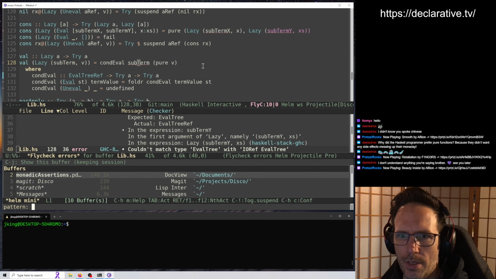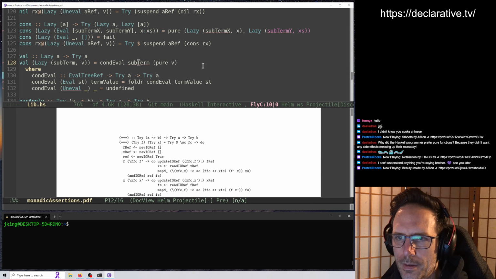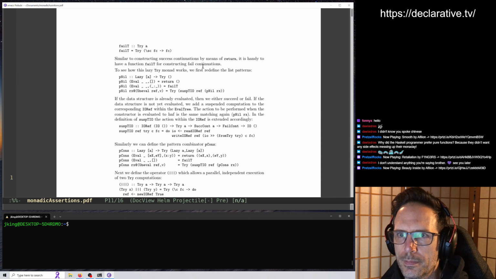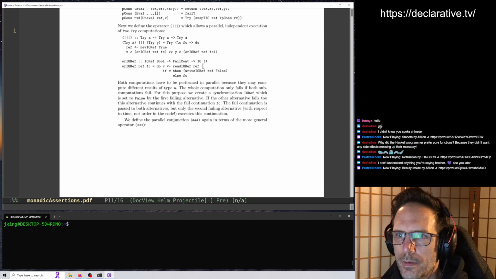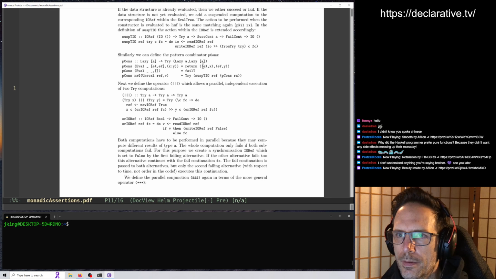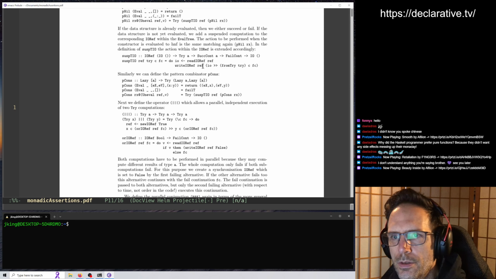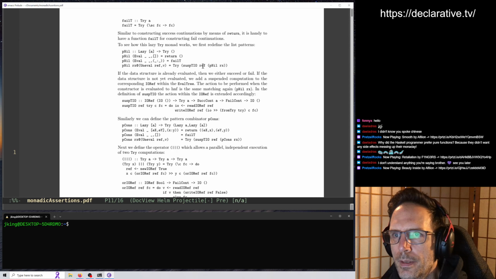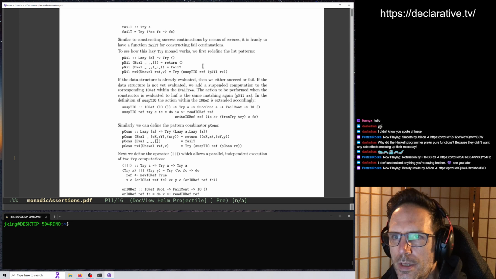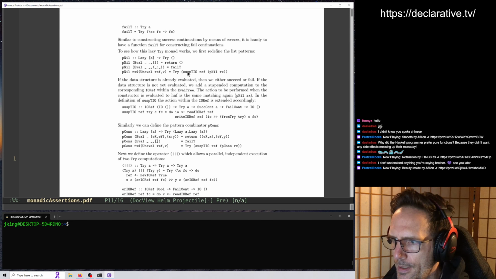Okay, let's check the paper here and their implementation of things. Okay, so they use IOREF. And what's the susptio definition?